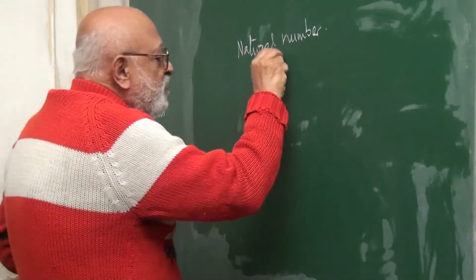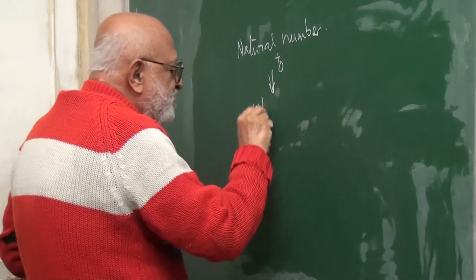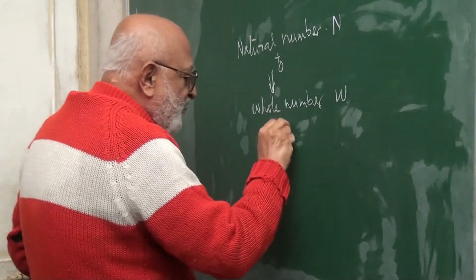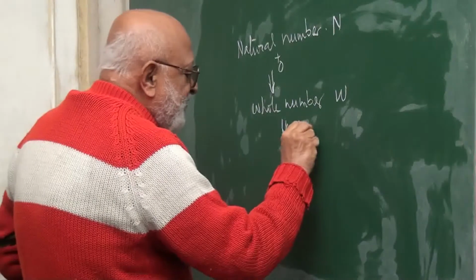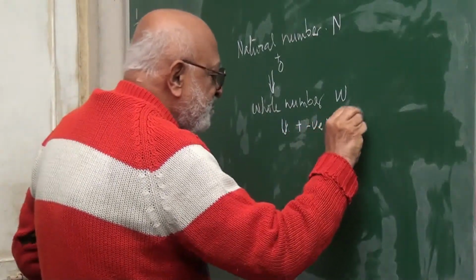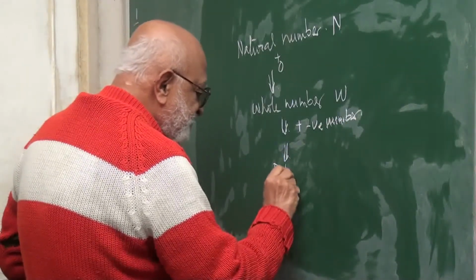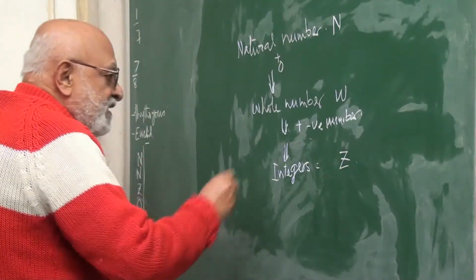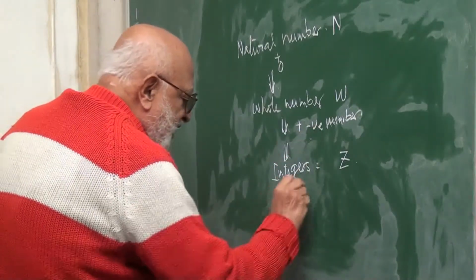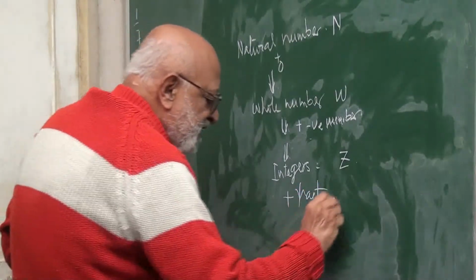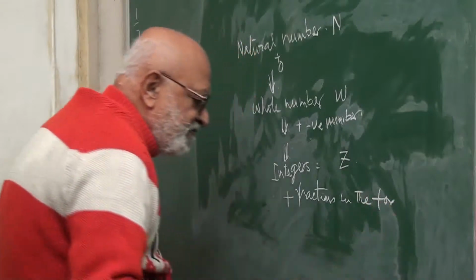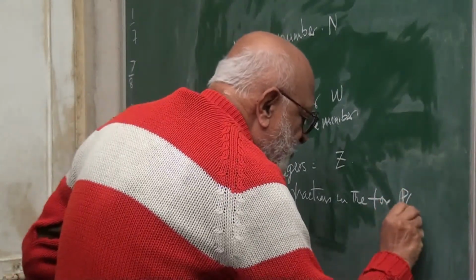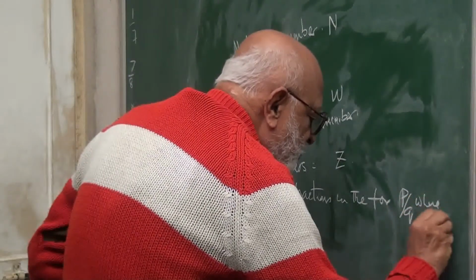We added 0, that converted them to whole numbers, W. We added negative numbers, that converted this to integers, denoted as Z. Then we added fractions in the form p by q, where q is not equal to 0.